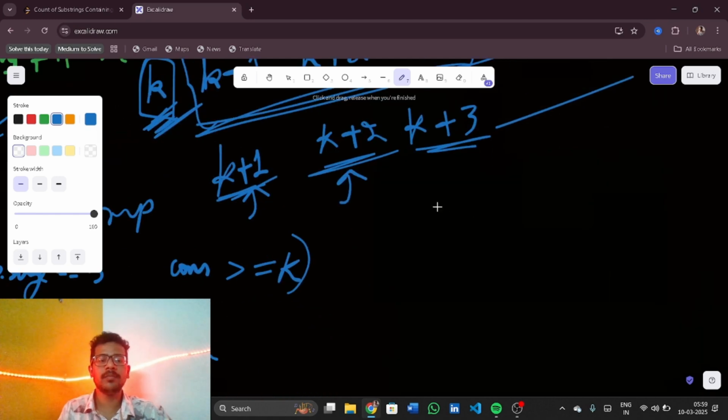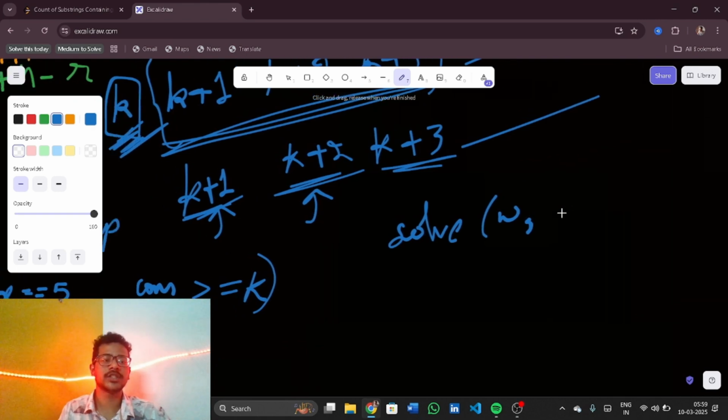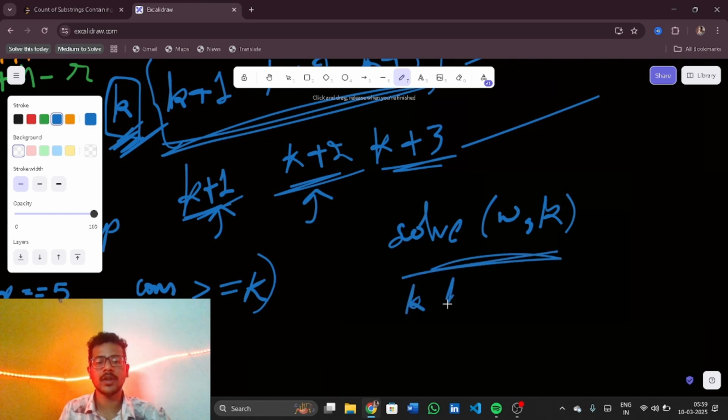So, simply I need to write a simple solve function which I will call with word and K. Now, I got this count which are having K, K plus 1, and K plus 2, and so on.